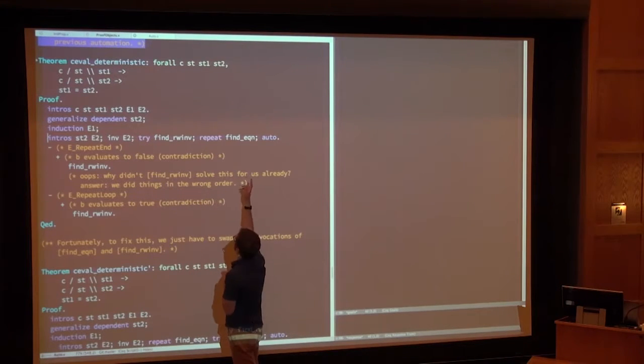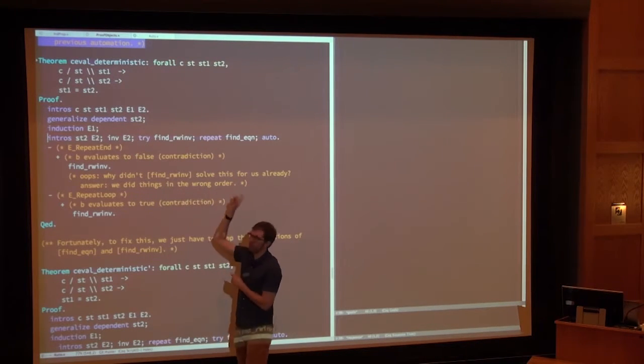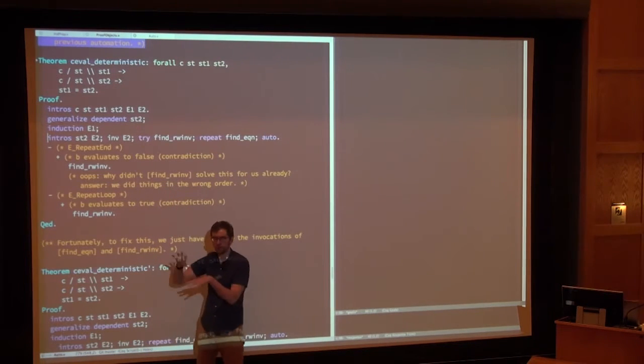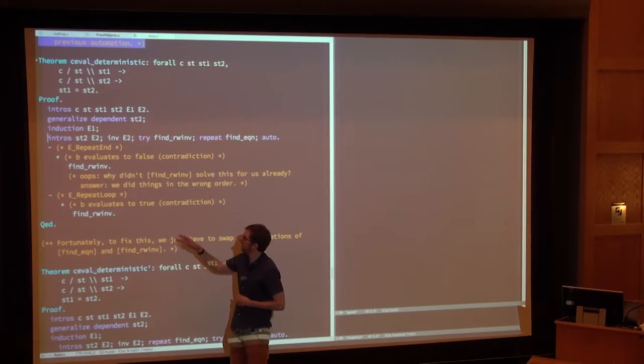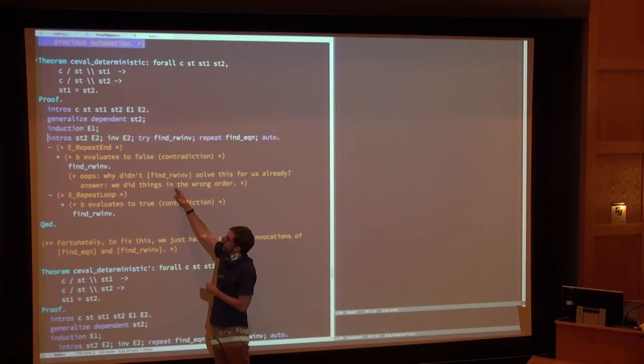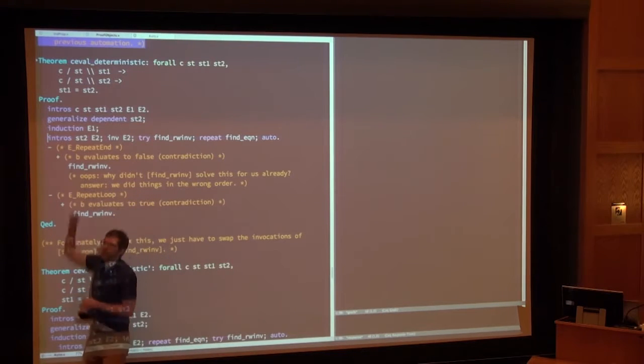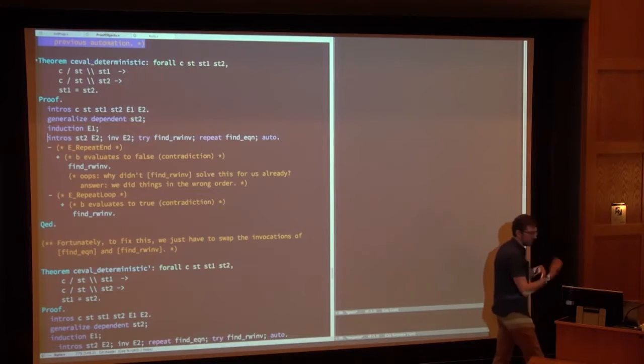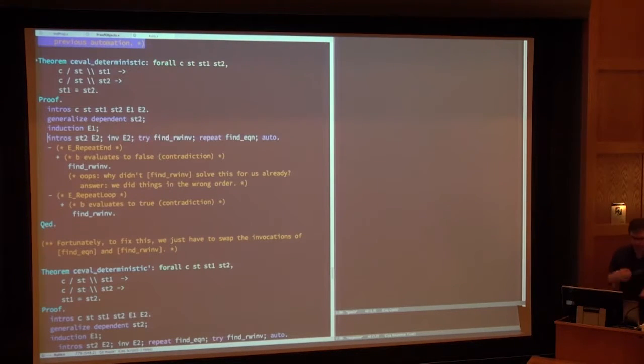This is going to succeed, and in fact, it's going to manipulate the sub-goal that was generated for our two new cases. It's going to transform it. So what we see when we hit these cases is actually going to be different than the proof state that we would have gotten right at the beginning of these intros. Because we're going to do the intros, and then we're going to apply these tactics we have in hand, and then we're going to call auto and it's going to try and solve it. So what we see in the sub-case is what has happened after all of these have applied.